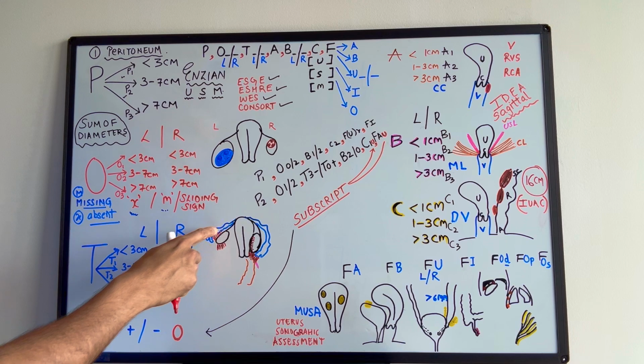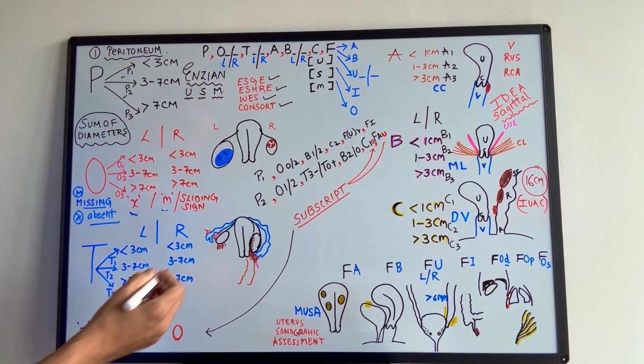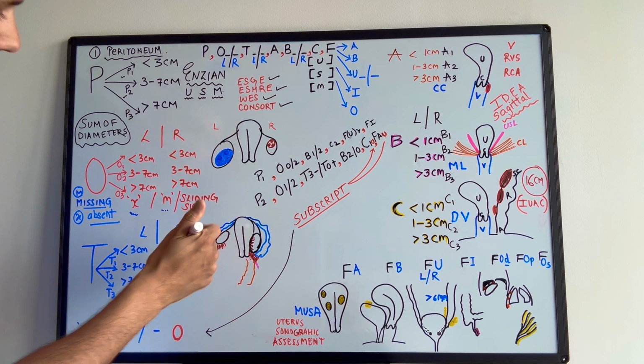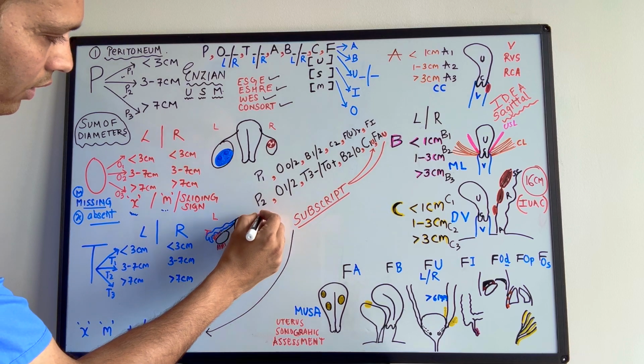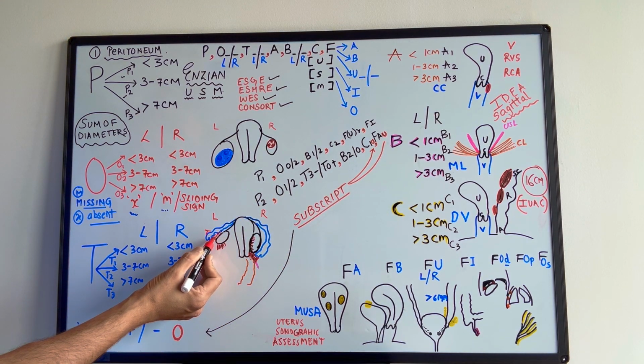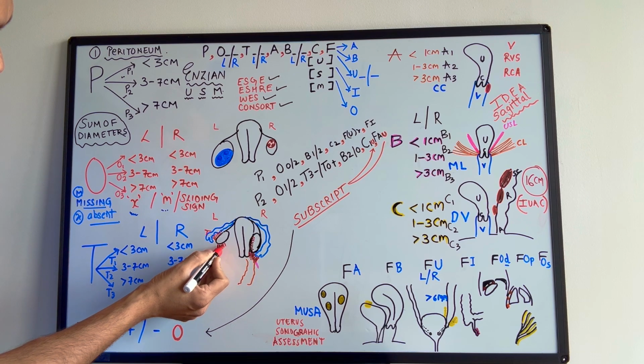So this is the left side, and then this is the tube, which is colored blue, and the ovary is black. This is the left side, and then this is the right side. So on the left side, there is some adhesion between the tube and the ovary, and some adhesions between the ovary and the pelvic side wall.